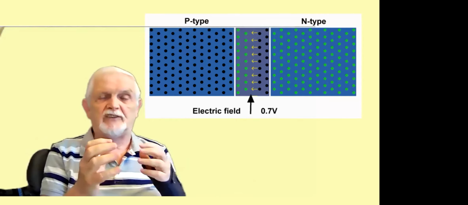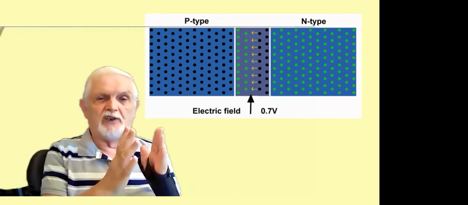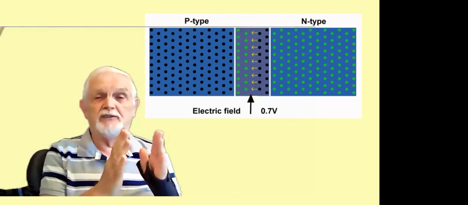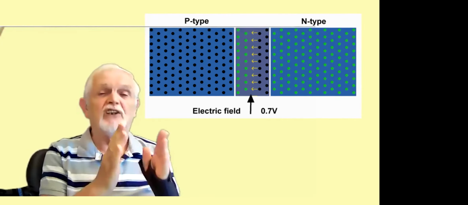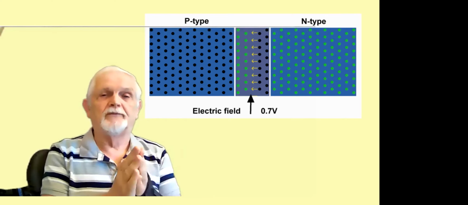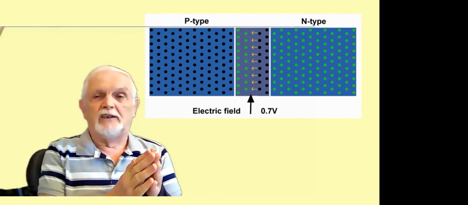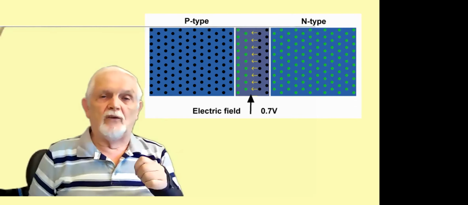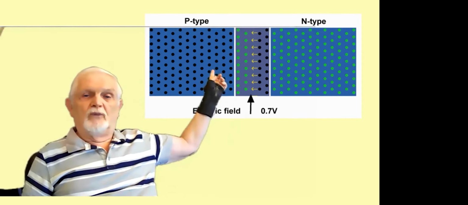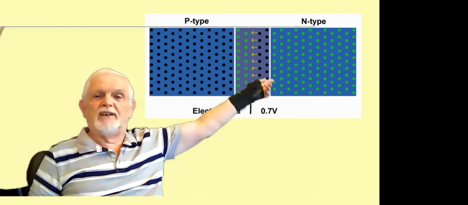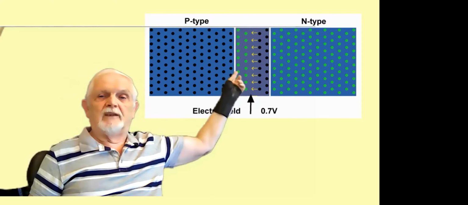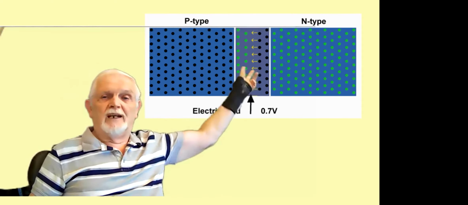And the reality is they end up with a piece in the middle, which they call the depletion zone. You can see there, it's got a situation where the holes have been filled by electrons. The electrons have been filled by the holes, and we've got it in reverse.